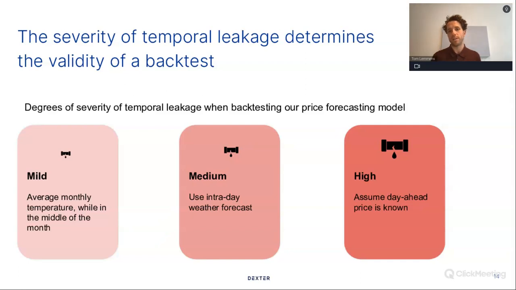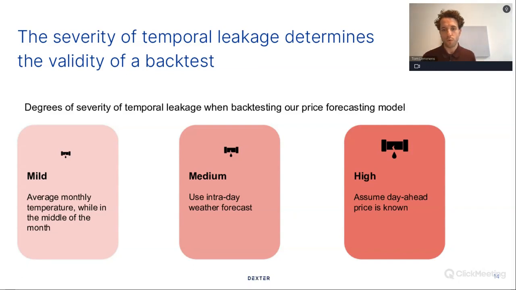Mild form of leakage. A more severe, mid-level form, I would say, is if you use the intraday weather forecast for a day-ahead forecast. Since weather forecasts have a pretty big impact on the expected prices, I would flag this as a medium severe form of temporal leakage.